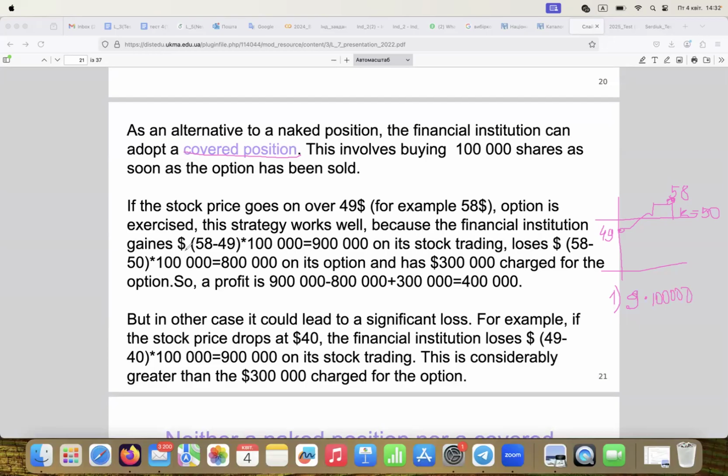Oh, it is this. Yes, it is our profit on stock trading. But what about option trading? We need the payoff function, which is 8, and we need to give off this amount.